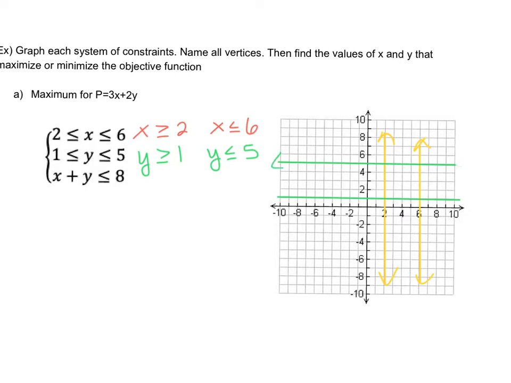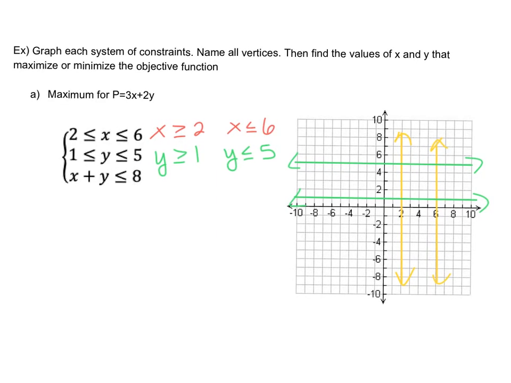If you're shading, which we're not going to, just watch right now. y is greater than or equal to 1, so that means you're shading above it, and y is less than or equal to 5. If I were to shade this, it would be this region right here. So far, the only region shaded by both would be that square right there. I'm not going to shade it yet.